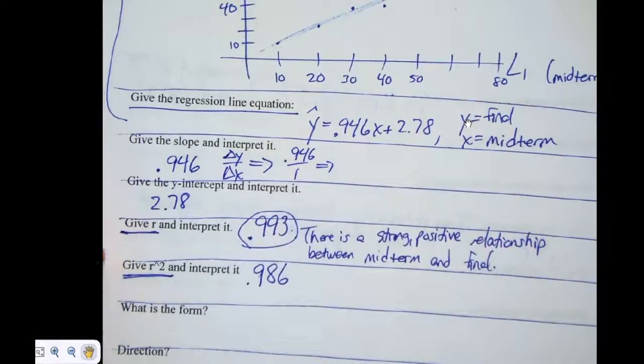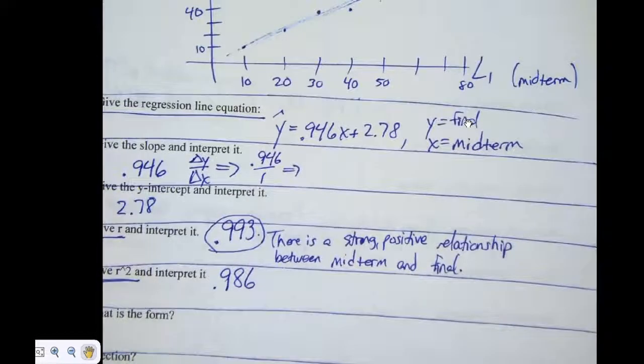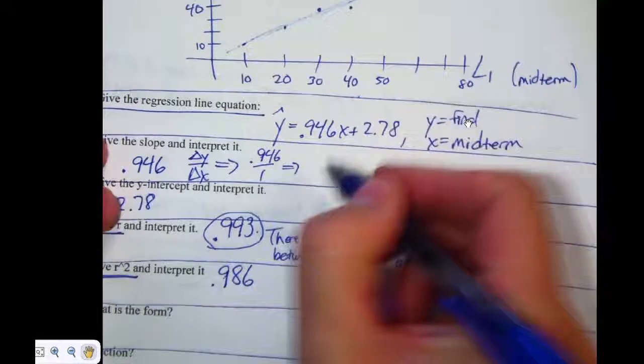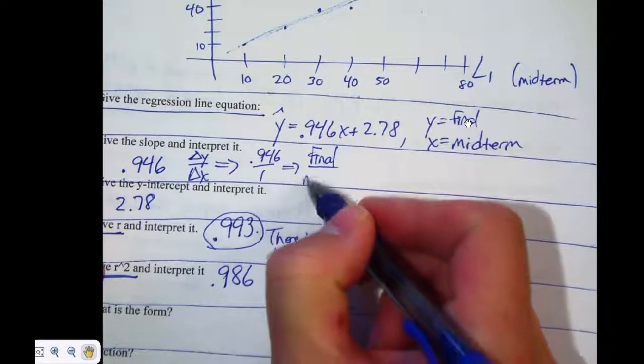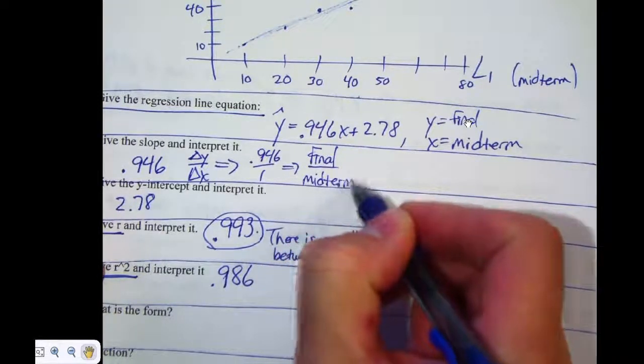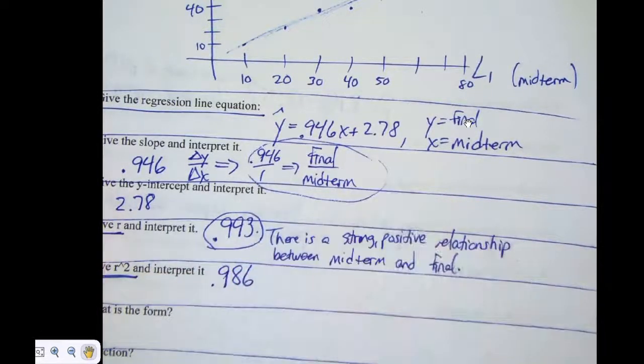And then I'm going to take it a step further. What is the y value in this problem? The final grade, right? That's what we said? And what was the x value? This is what you have to describe.